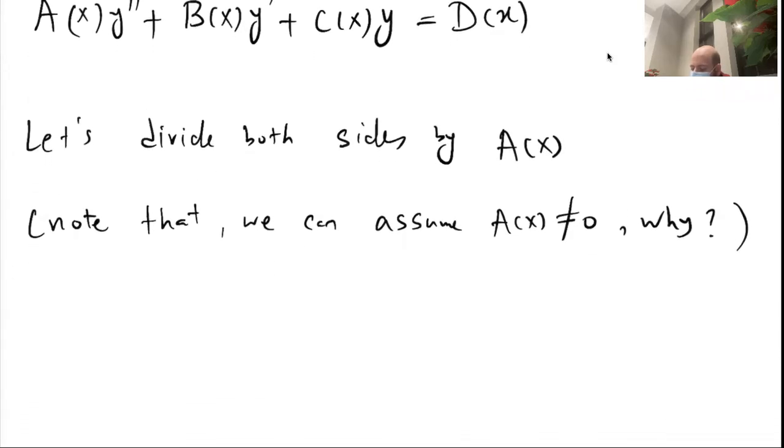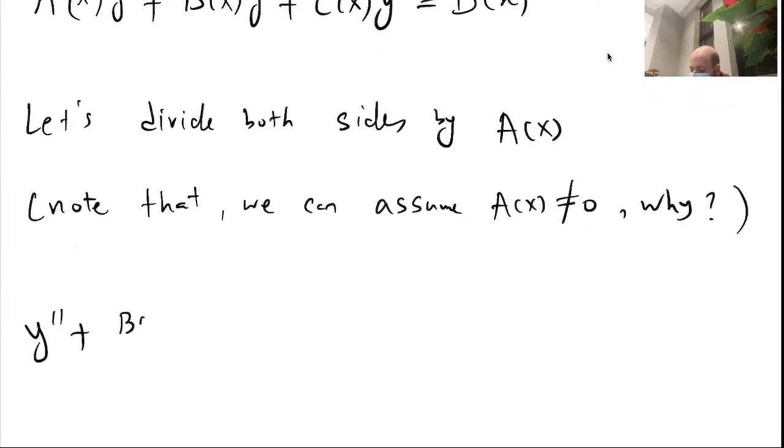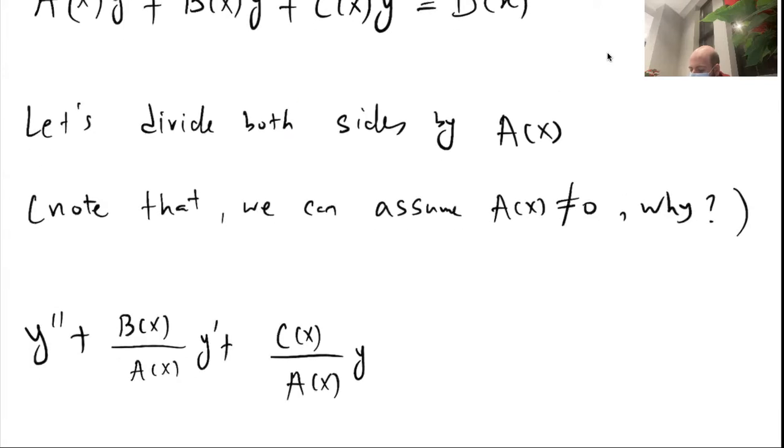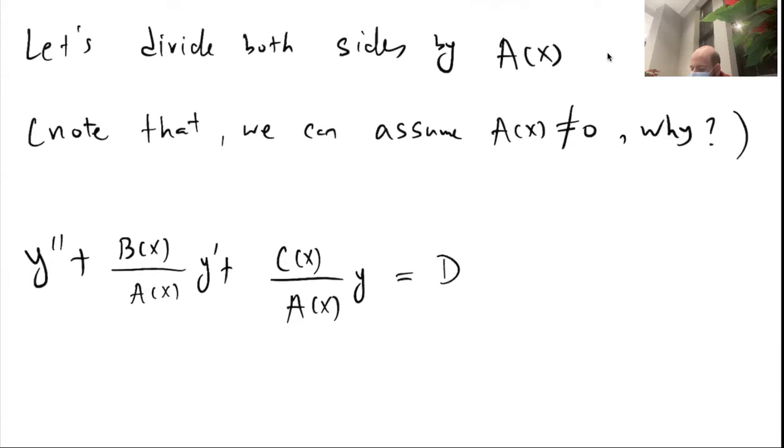Now, if we divide both sides by a of x, then what do we get? Then we get y double prime plus b of x over a of x times y prime plus c of x over a of x times y equals d of x over a of x.